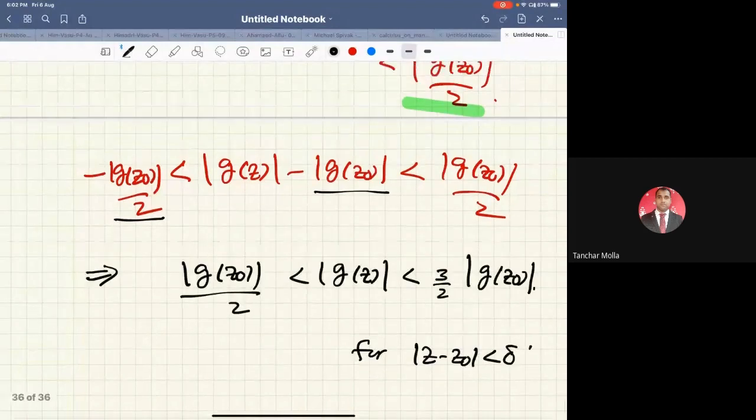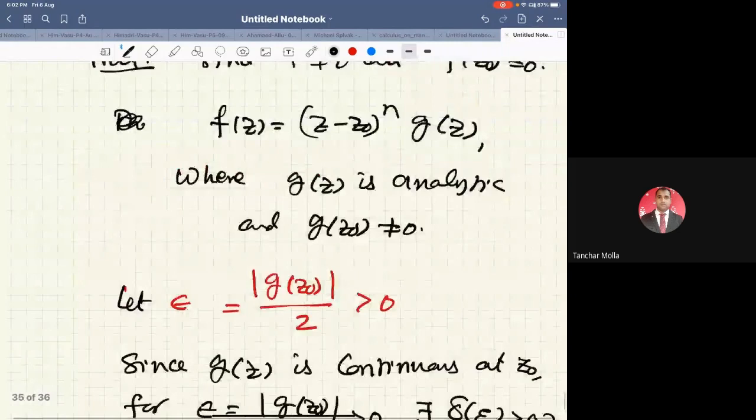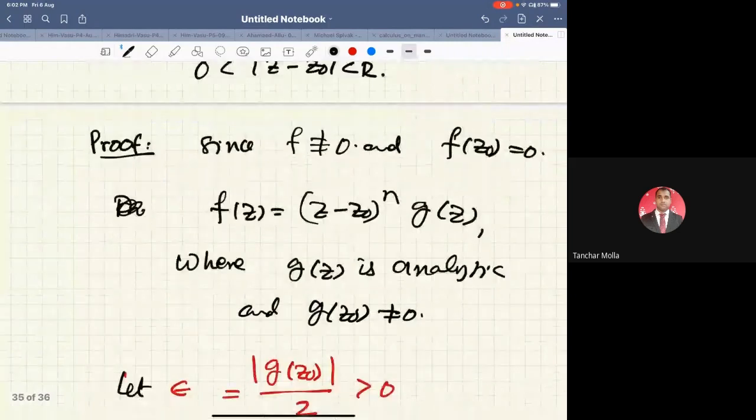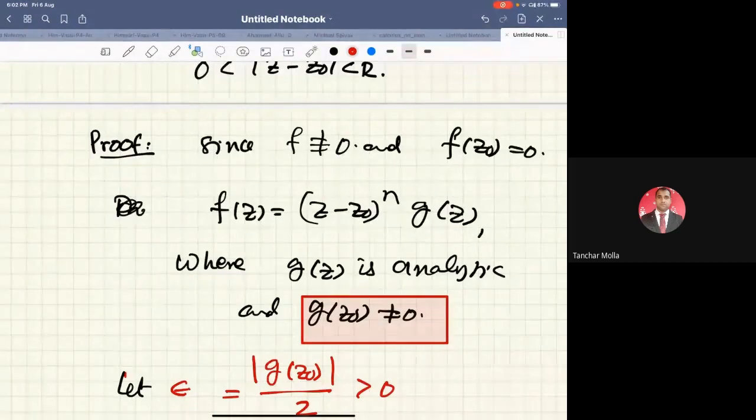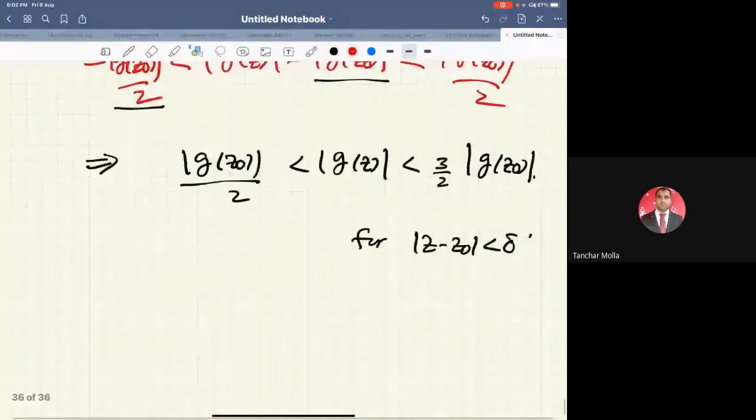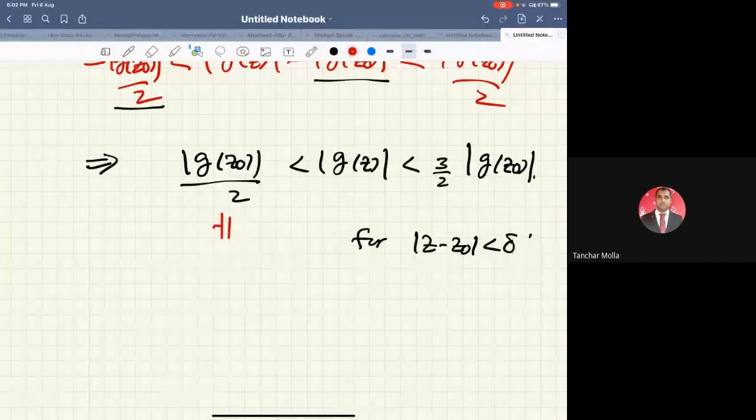Please note that g of z0 is not equal to 0. Therefore this is not equal to 0 and this is not equal to 0.